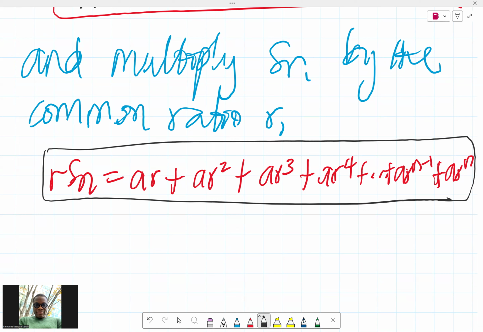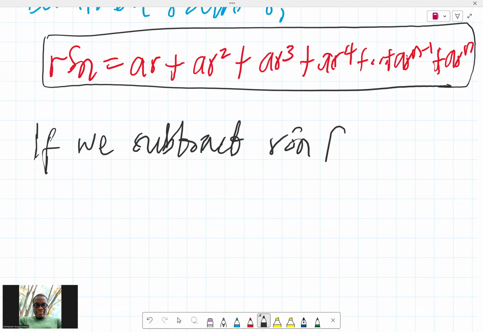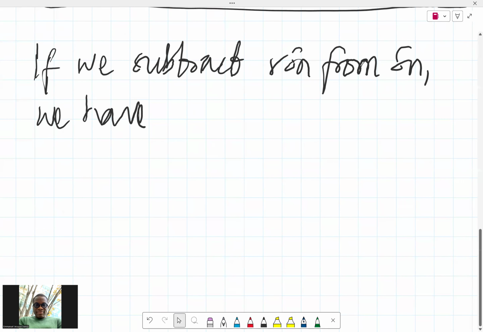Okay? Now, what if we subtract RSn from Sn? Then we are going to have Sn minus RSn.